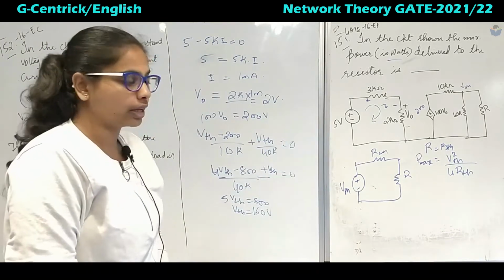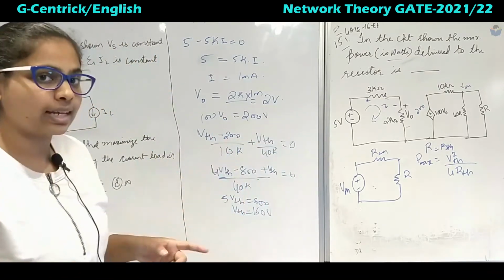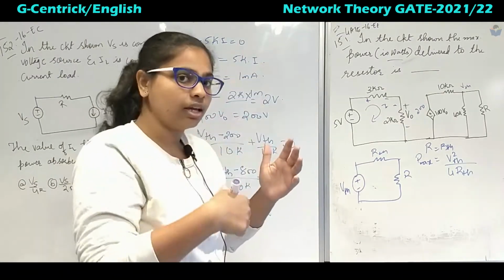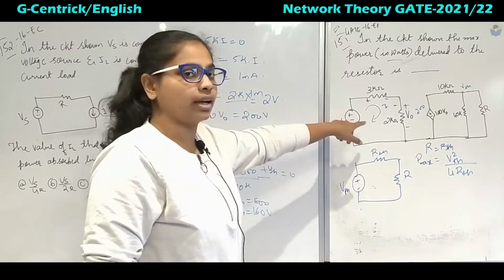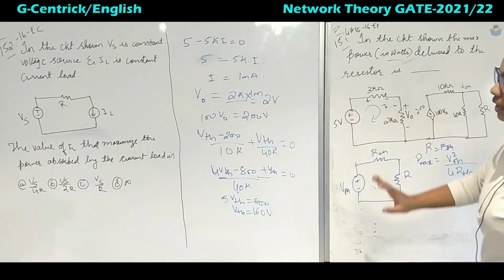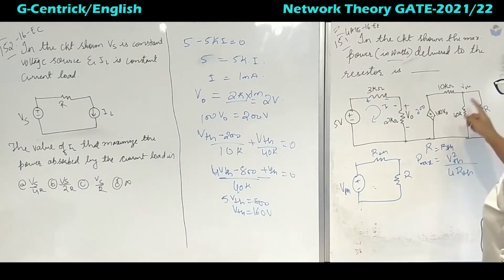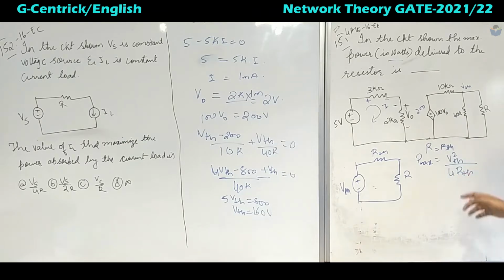Now coming to the calculation of RTH. Here also you can apply either the first case, that is the short circuit current, or the second one, which is shorting the voltage source or opening the current source. Since it is very easy using the short circuit method, we can short circuit this one.